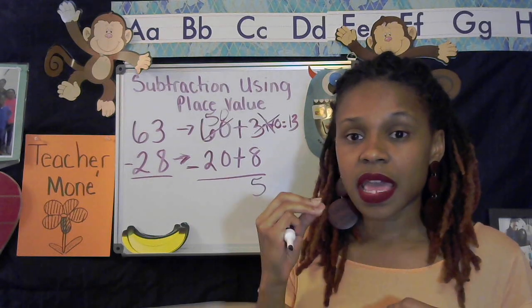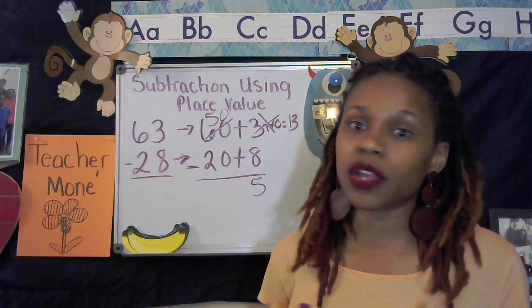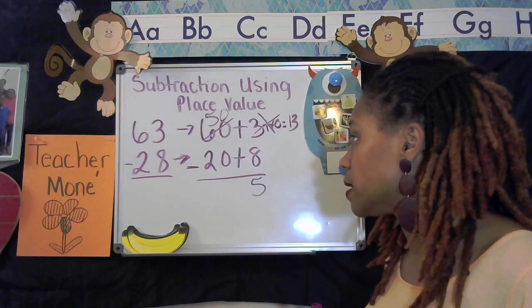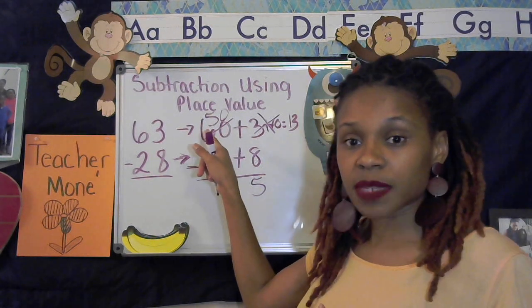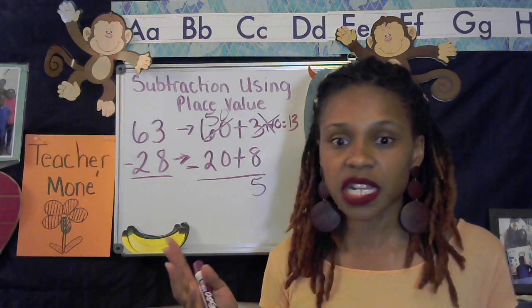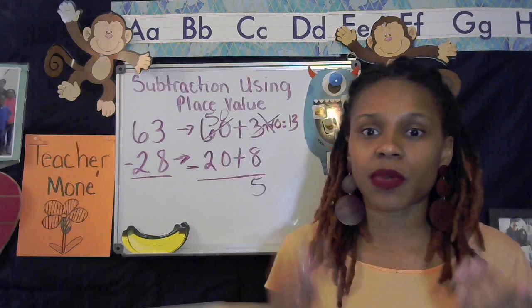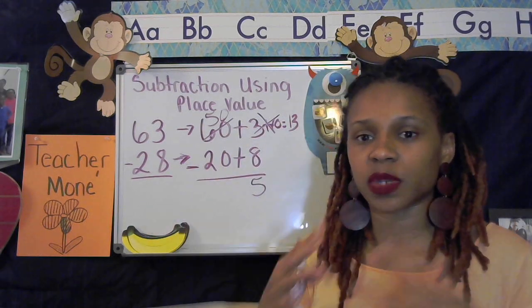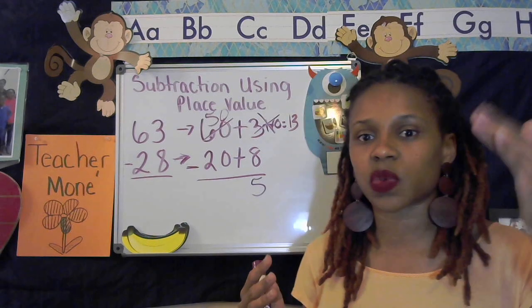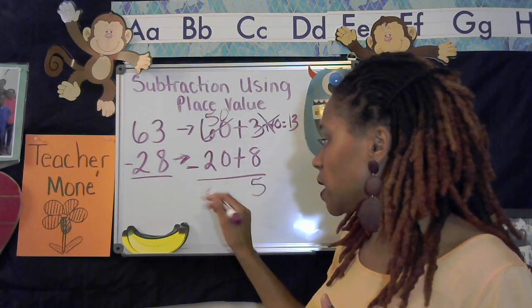Because if they're in second grade, as soon as they get to third grade, they have to know it already. So with multiples of 10, if I have 50 minus 20, that is essentially the same thing as 5 minus 2, which is 3. We just add a 0 at the end, because we skip count by 10s, 10, 20, 30, and all those numbers end with a 0. So 50 minus 20 is 30.